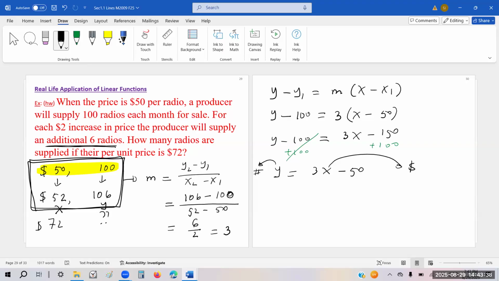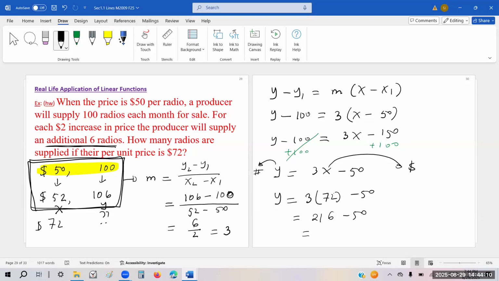Now, lastly, they're asking us, I'm giving you $72. How many radios do you need to produce? So what is our x here? 72. And then you do the math. 3 times 2 is 6. 3 times 7, 21. Without a calculator, you have to do this mentally.